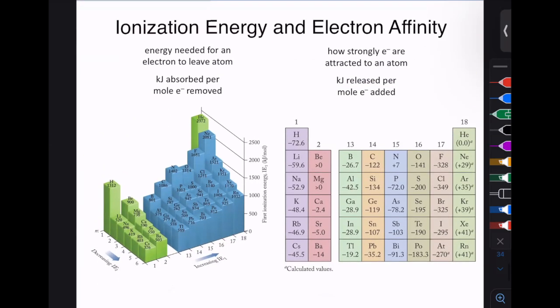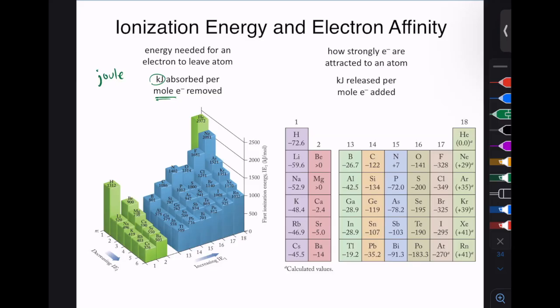Here's the slide from your slide pack that talks in a little more detail about ionization energy. It gives you a more formal definition of it. I already told you it's the energy needed for an electron to leave an atom, but it's measured in kilojoules per mole of electrons that are lost. All right, so we're working with moles again. And joules are the units of energy that we'll be using later. Kilojoules per mole is the energy it takes to remove 1 mole of electrons from an atom.